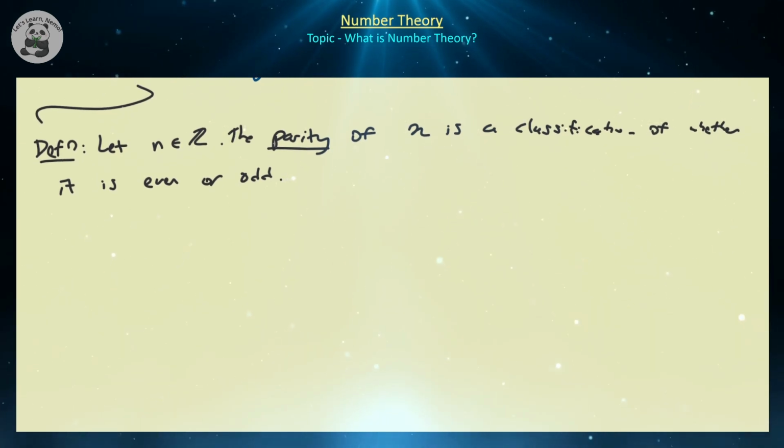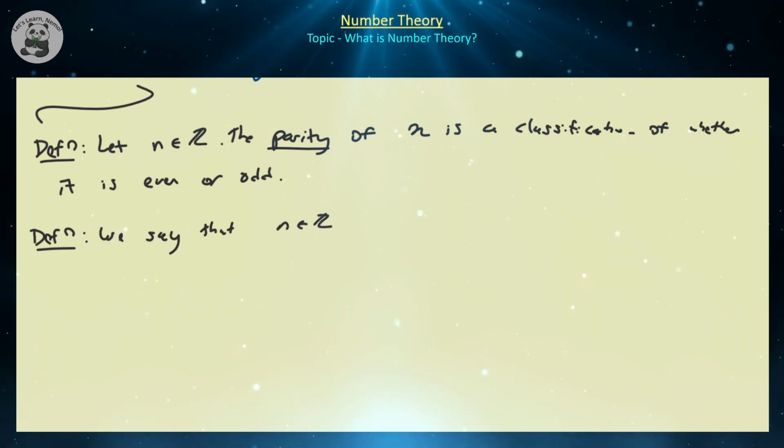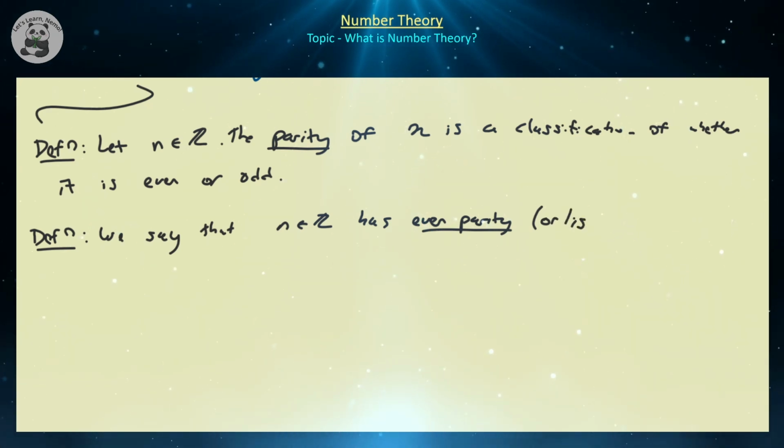So in terms of this, we're going to define on top of this. We say that n in the set of integers has even parity. Even parity, some people will just say, or it is even.